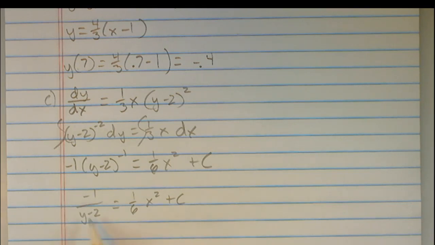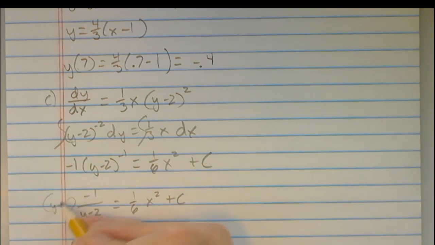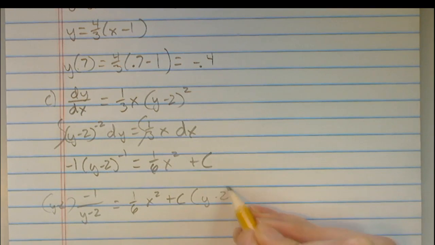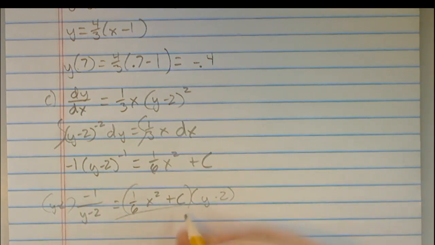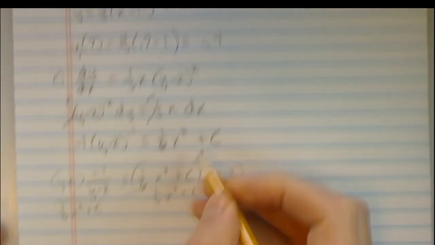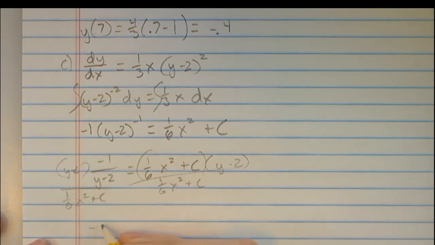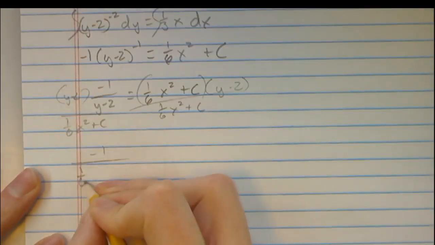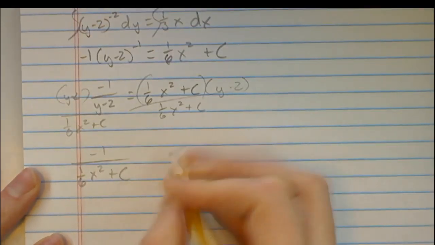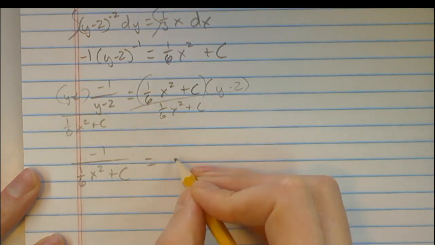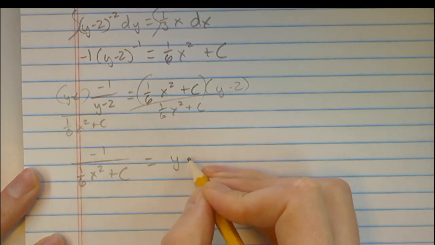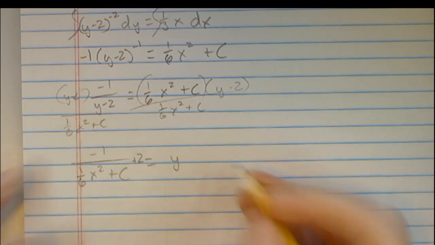Multiply by this denominator, divide by that, and then divide by that. So we'll have negative 1 over (1/6 x squared plus c) equals y minus 2. So we'll just add 2.